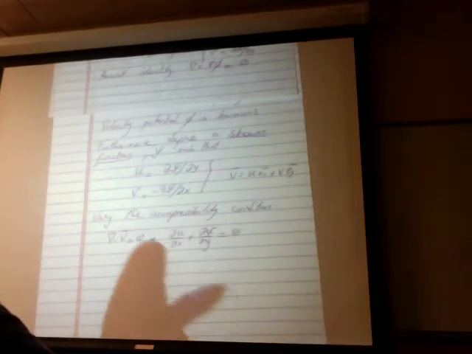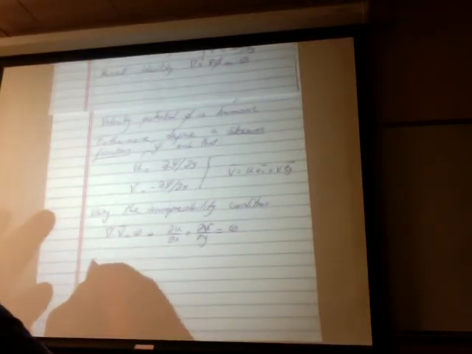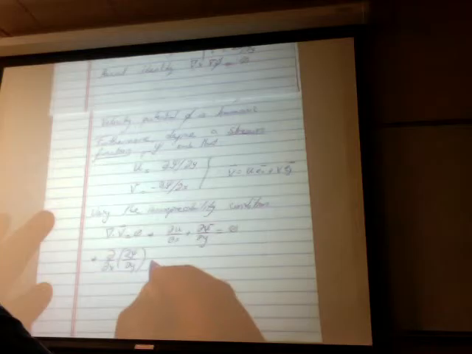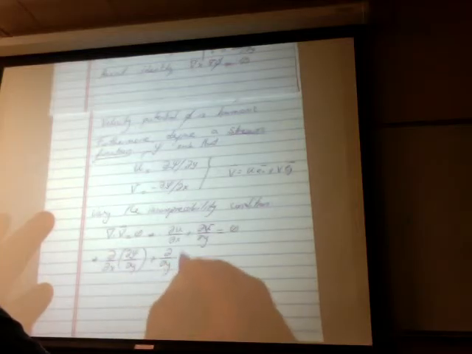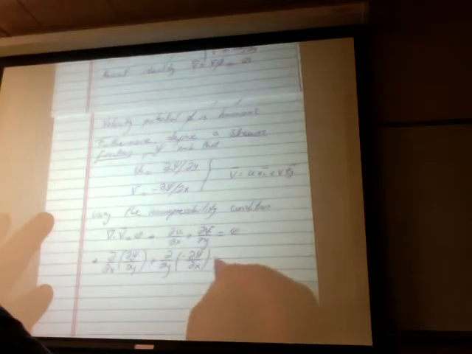That's what the divergence of the vector field is, du dx plus dv dy. So that makes then d dx of u, which is d psi dy, plus d dy of v, which is minus d psi dx, equals 0.